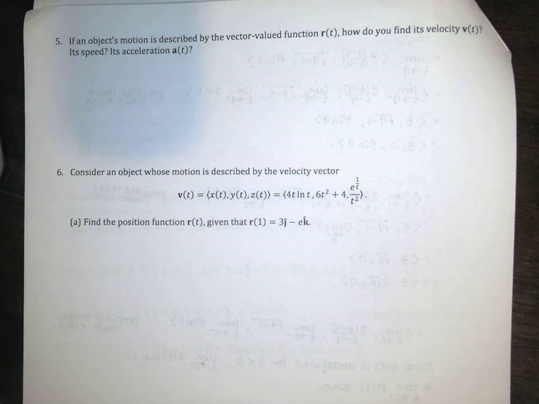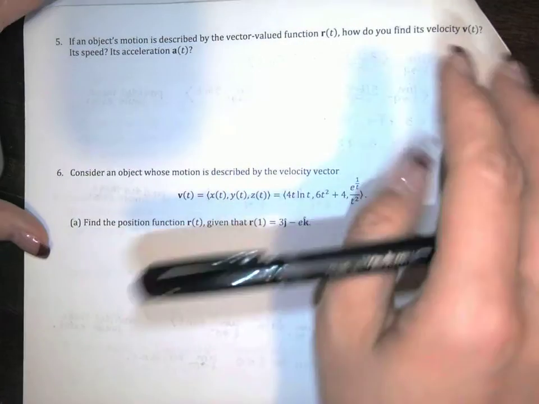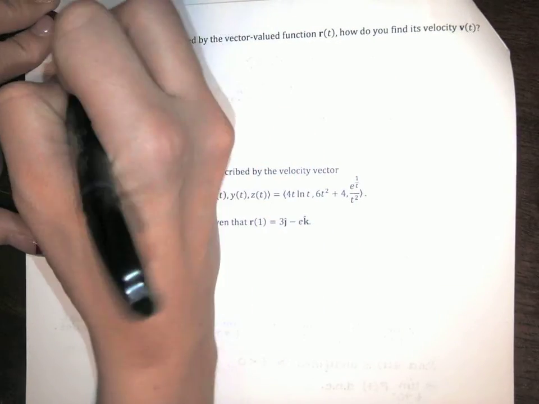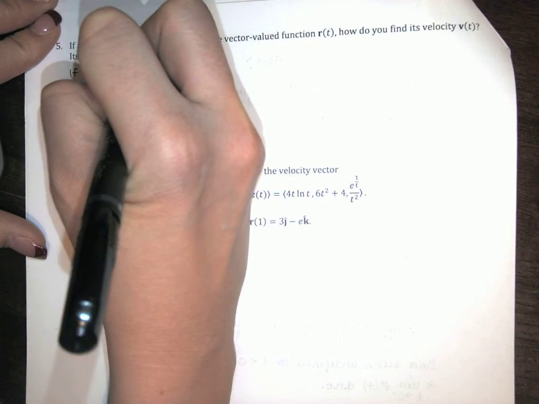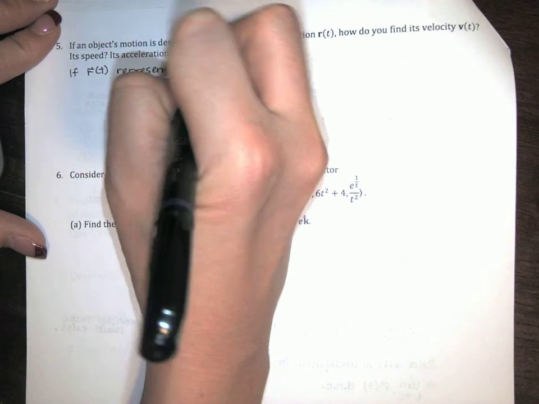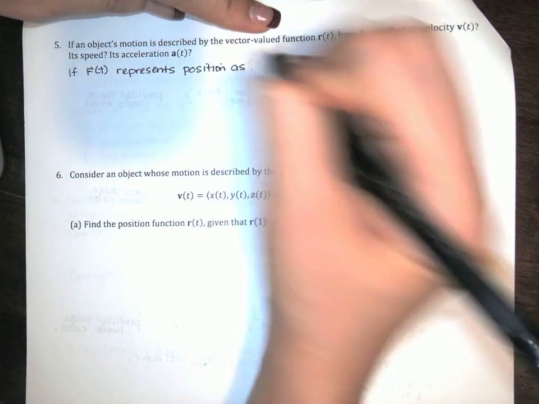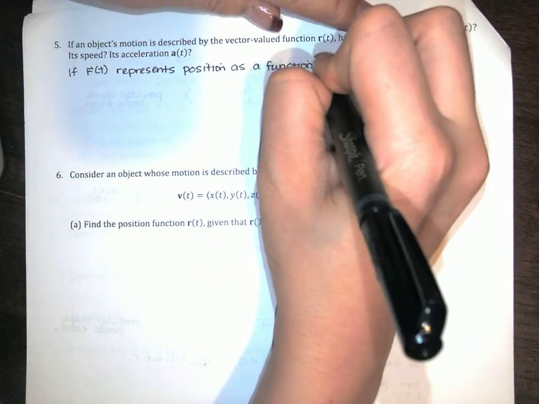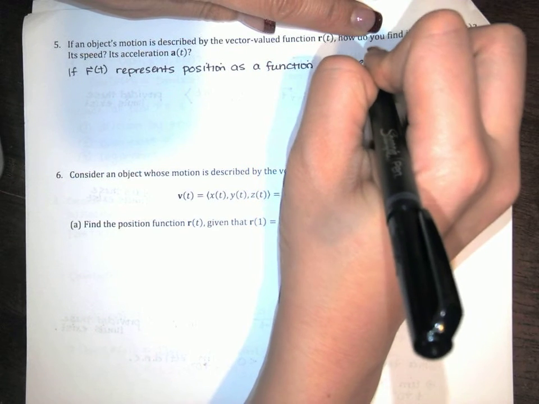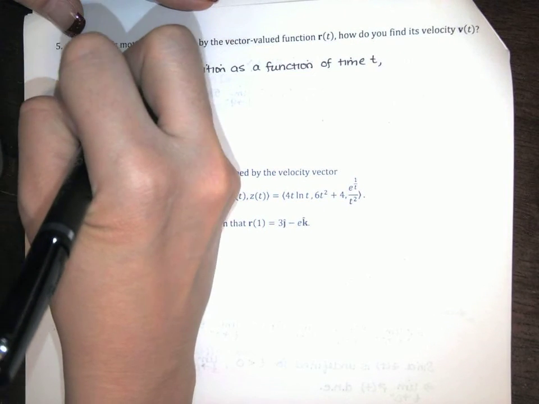So basically, we're just reminding ourselves of this idea that if an object's motion is described by the vector-valued function r of t, so r of t is giving us position as a function of time, then velocity is just the derivative of position.